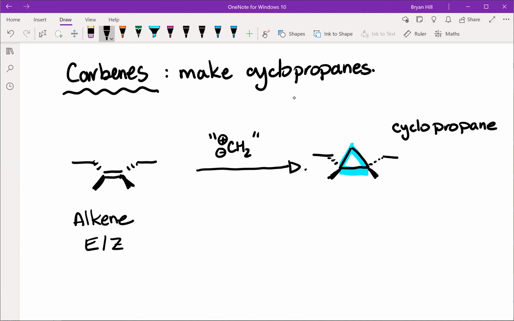Do we remember which one is which? Z. So Z is, if you do a priority, R1, R.